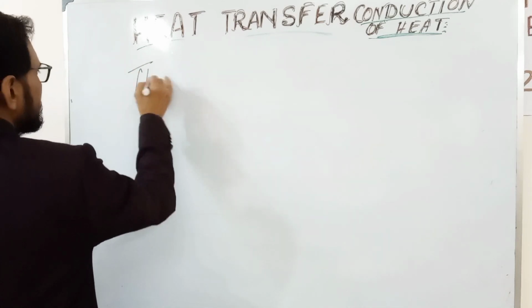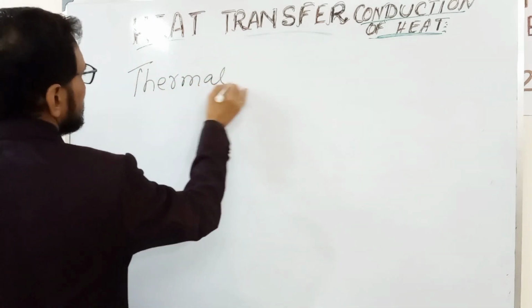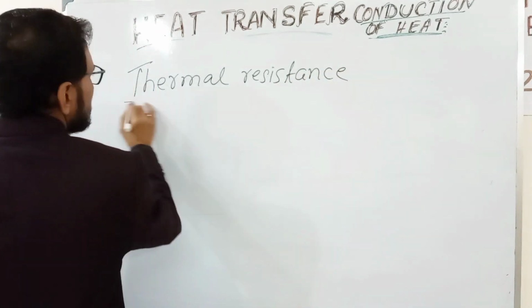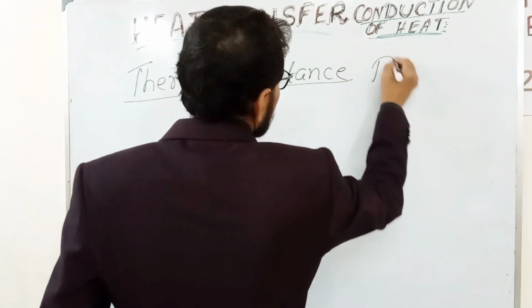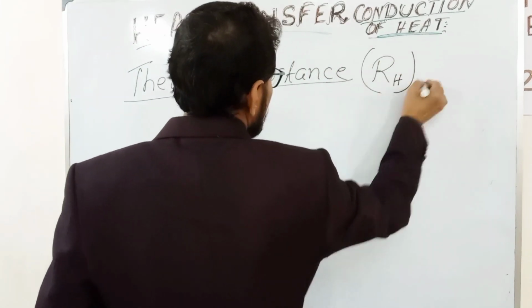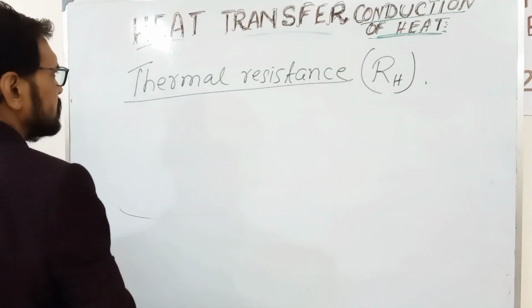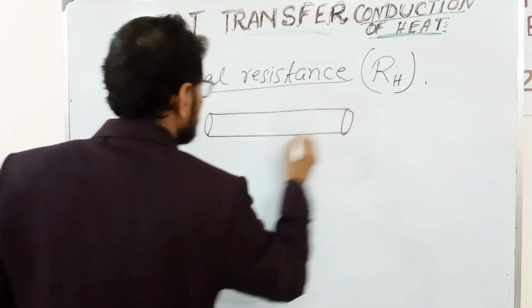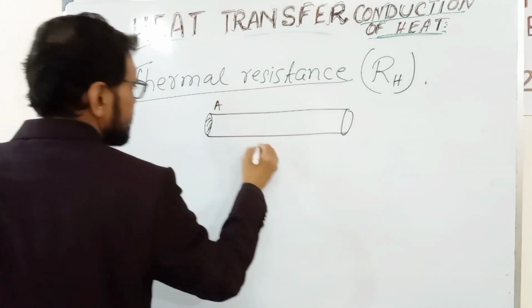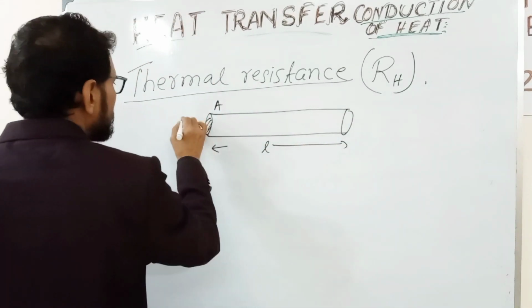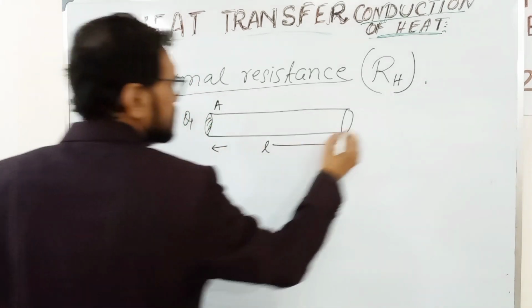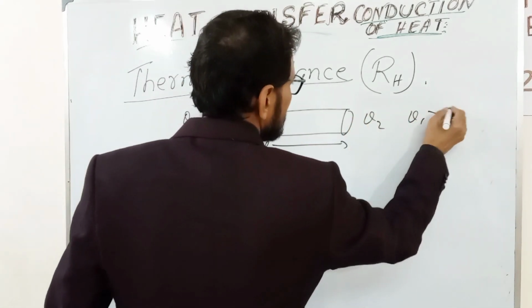What is thermal resistance, denoted by R_H? Suppose this area is A, the length is L, the temperatures are theta 1 and theta 2, with theta 1 greater than theta 2.